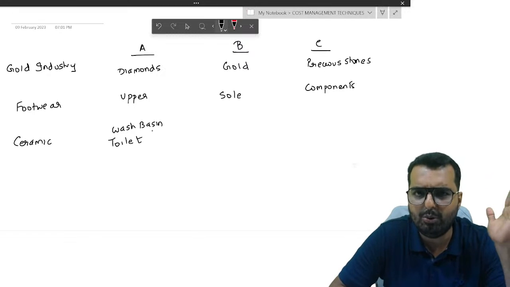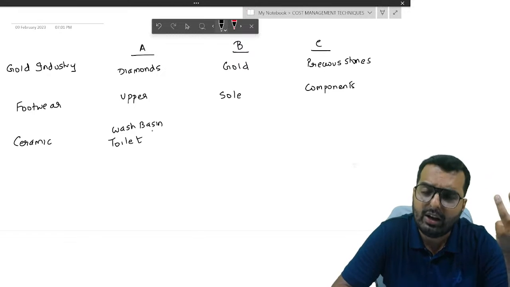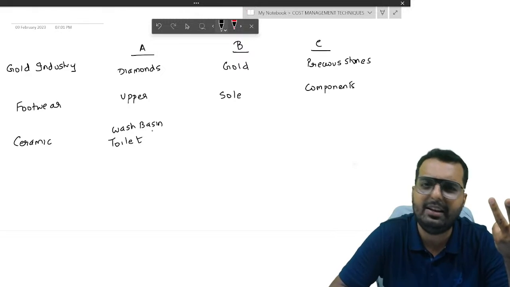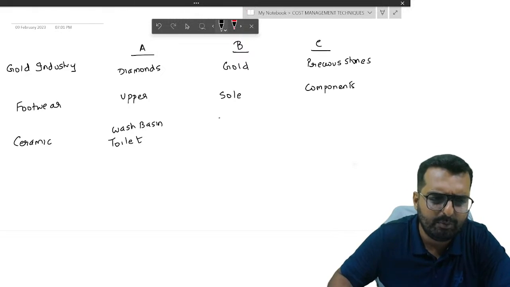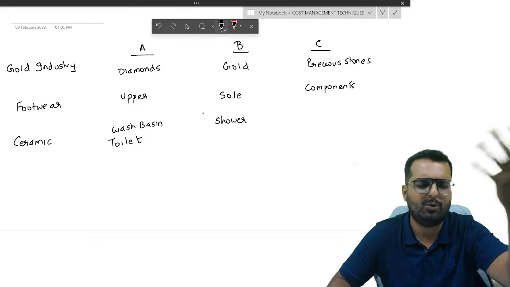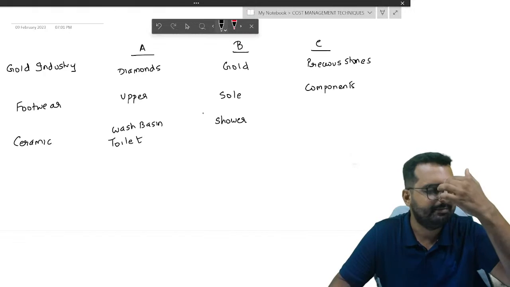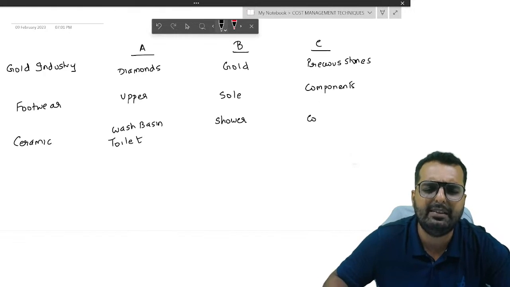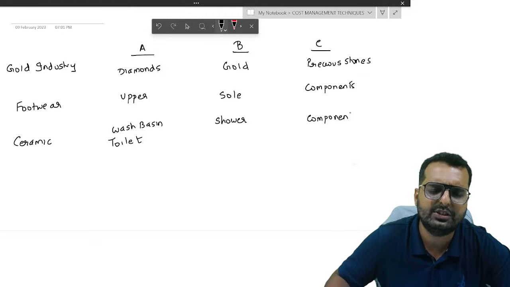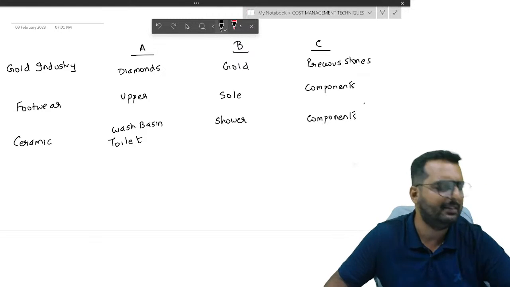When I went to do my upper house renovation, toilets were costing 2.5 lakhs, my dear friends. I got a heart attack that day. Same way, the second category would be the showers. I hope you understood what I'm trying to say. And C category would be the basic components which come in bathroom fittings.